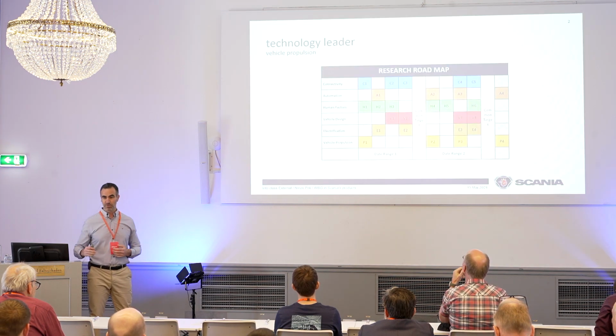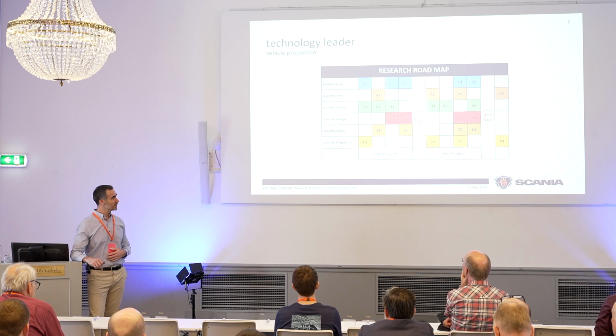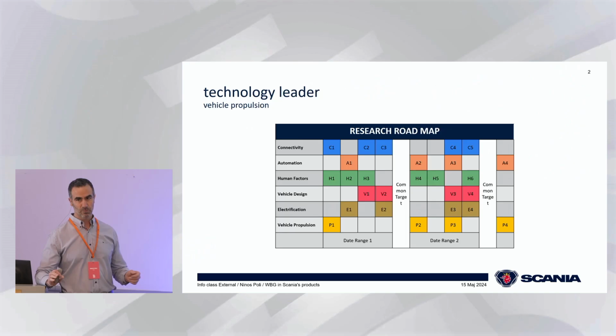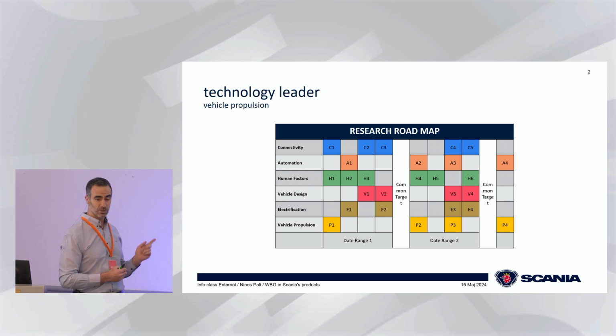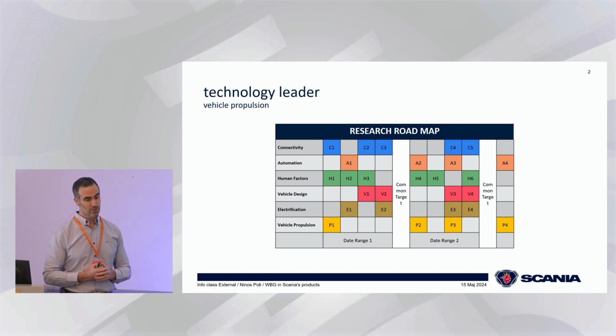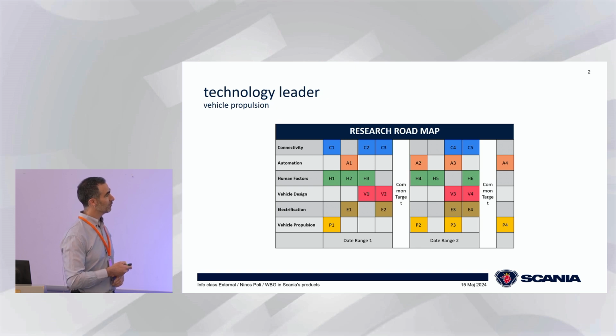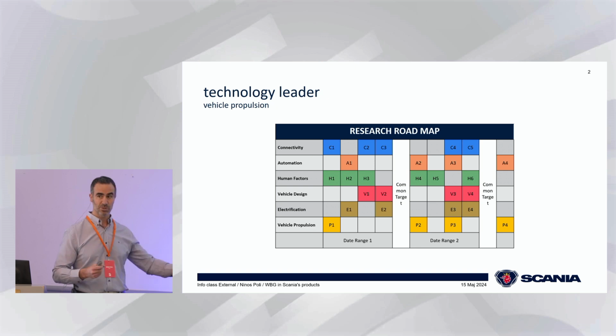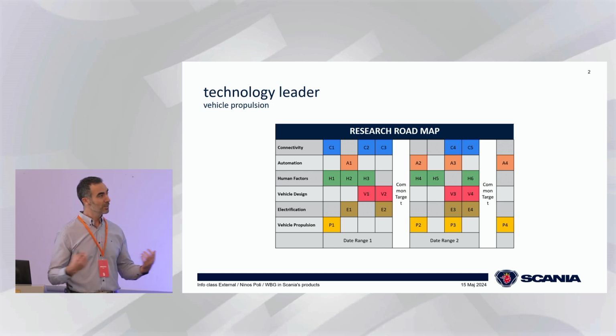As I said, I come from Scania. I've been working there for almost 15 years now, mainly with e-mobility components. My current role is what we call technology leader. We have different themes, and I'm responsible for the theme of vehicle propulsion, so it covers the combustion engine and the electric drivetrain and everything in between.